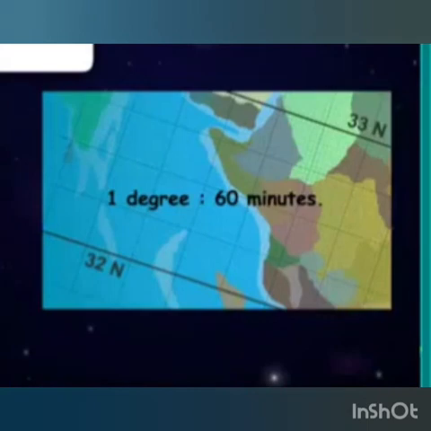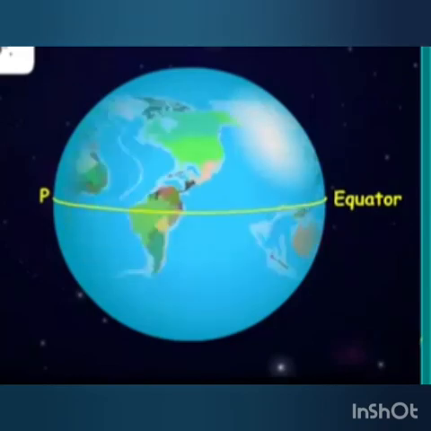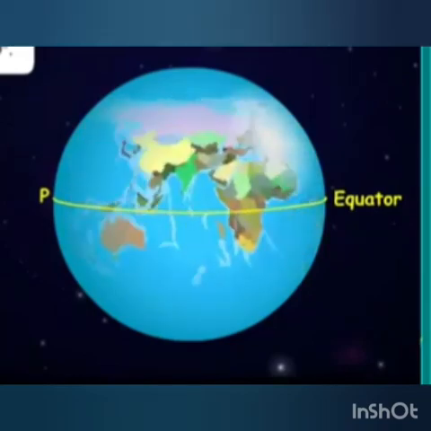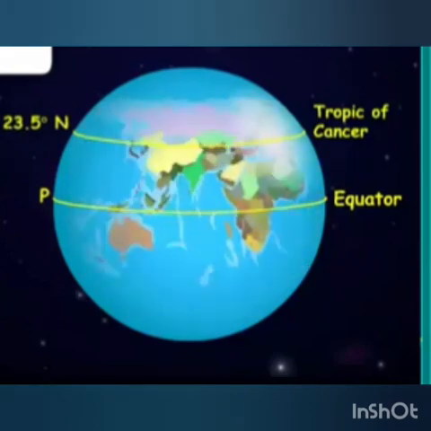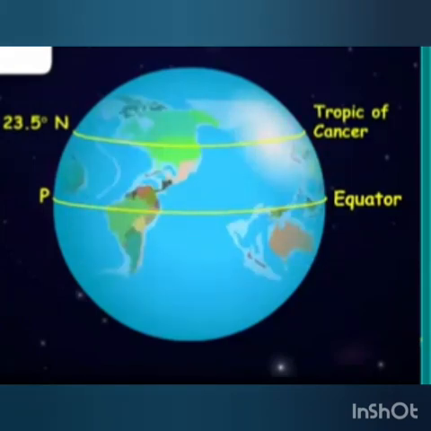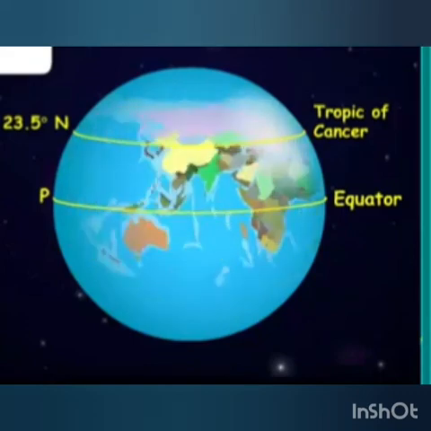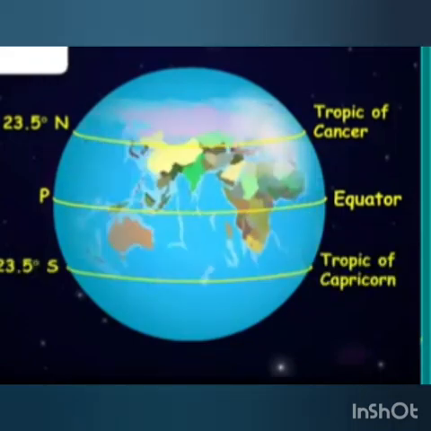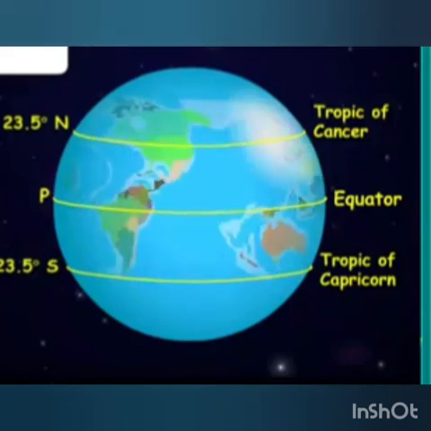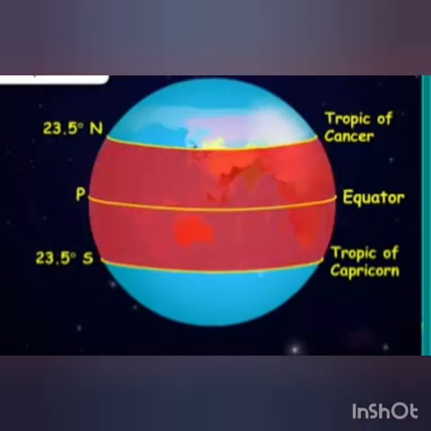These parallels are drawn at an interval of 1 degree, and in 1 degree there are 60 minutes. Our equator, the longest latitude, is located at 0 degree, whereas the Tropic of Cancer is at 23.5 degrees north, and the Tropic of Capricorn is at 23.5 degrees south.